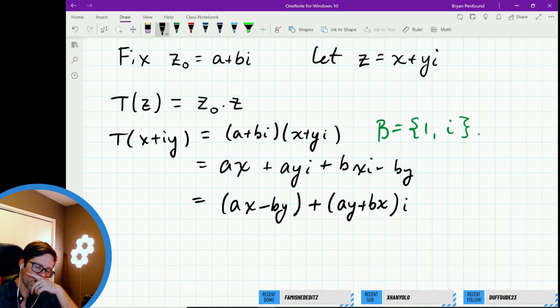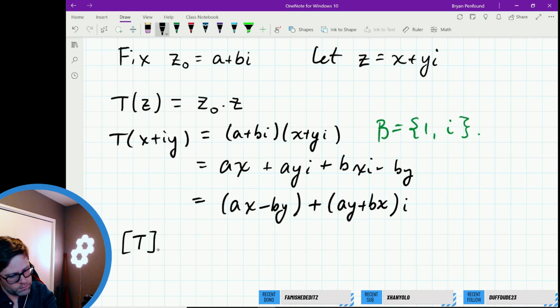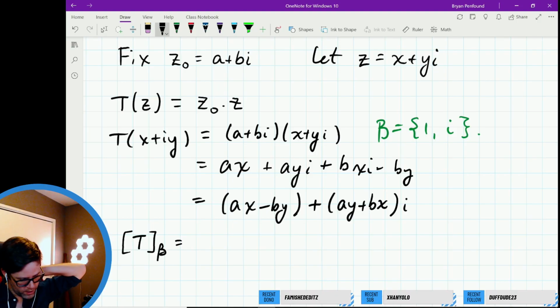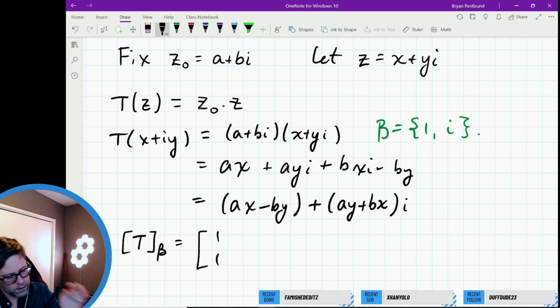So multiplication by a fixed complex number. If I put 1 in here, I should get a... So if I put 1 in here, y is 0, so I should get 1, 1.